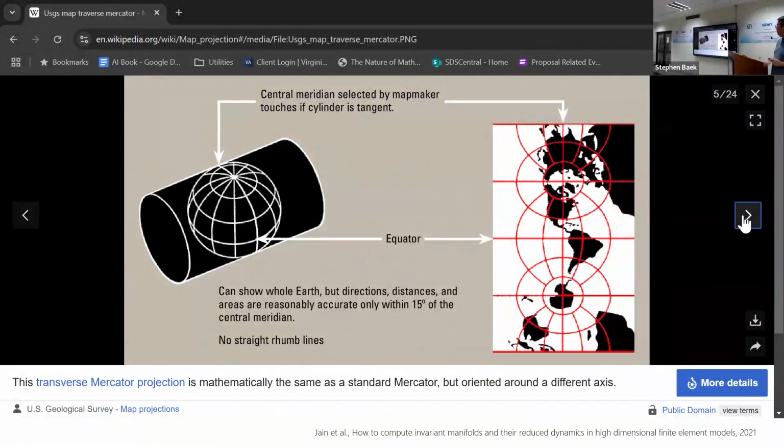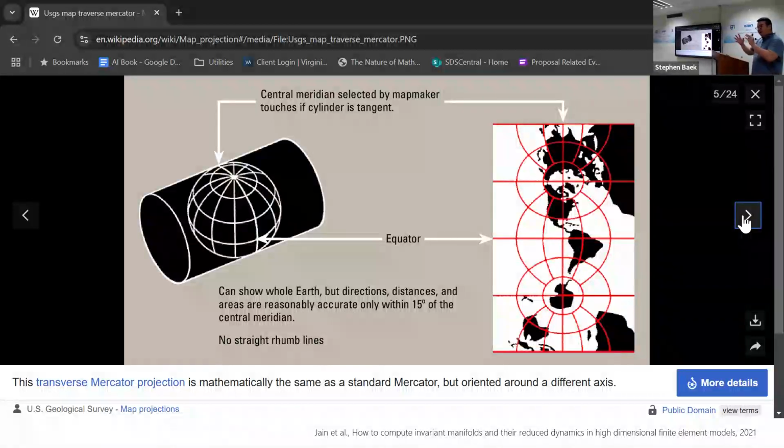projections like this, okay, projections like this is called a transverse Mercator projection. So instead of stretching and crack opening the North Pole and the South Pole, we're actually crack opening the equator.